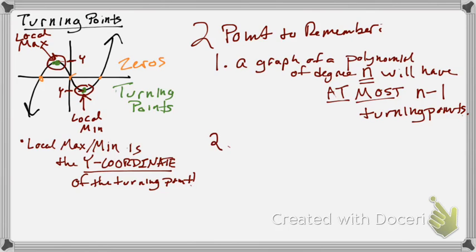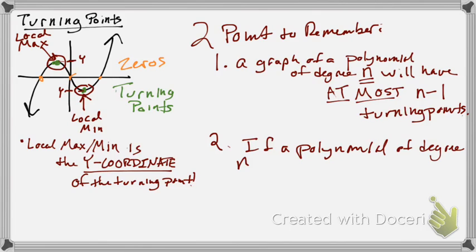And the second thing that's also important to keep in mind is if a polynomial of degree n has n distinct zeros, which means really just different, right?